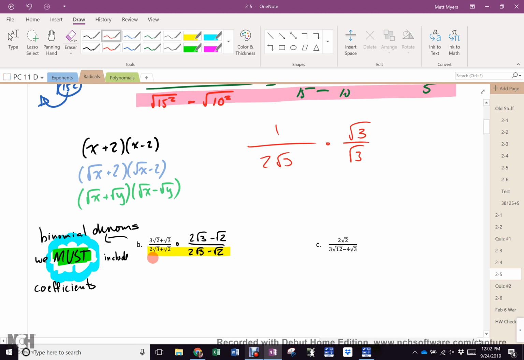And I'll color code. What is that one? 4 root 9. Now, I know that all of you know that is 12. And I know that all of you know that you can do that in your head, which is fine. But please notice how many multiplications are going to happen here.